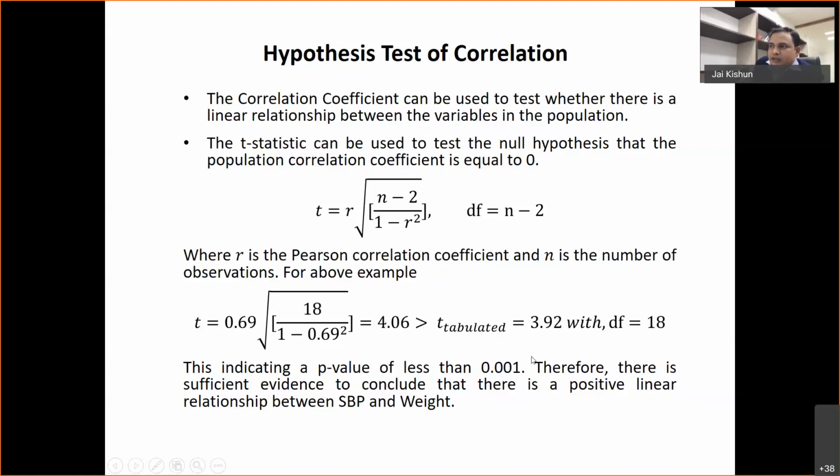By looking at this, you can say whether there is sufficient evidence that a positive relationship exists between these two variables or not. Basically, if the p-value coming from the table is less than 0.05, then we can say that there is a positive linear relationship between the variables.